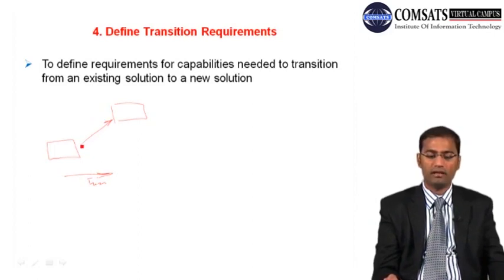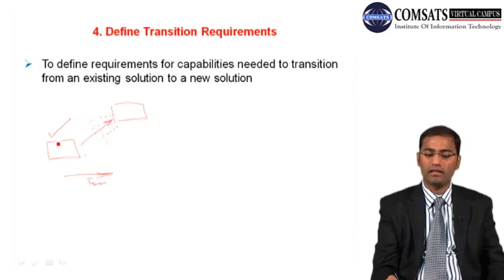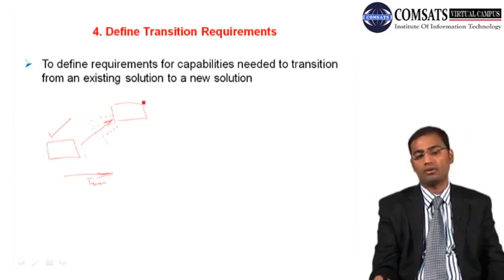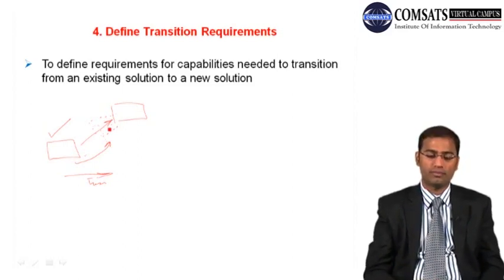There will be a time when this existing solution is overlapping with the new system. We may suddenly abandon this system, or we can continue. But this is not the real case. Organizations have a transition stage from the previous solution to the new solution.